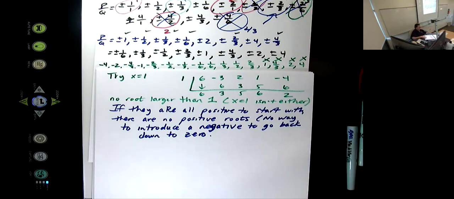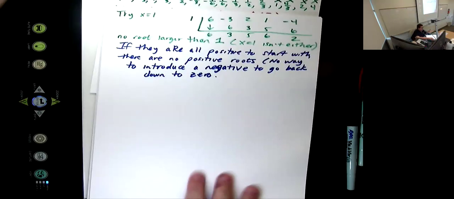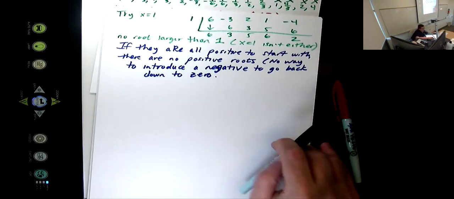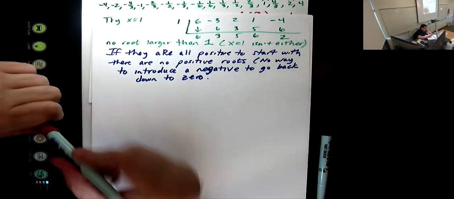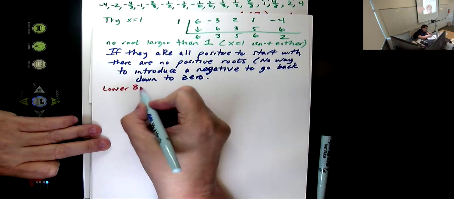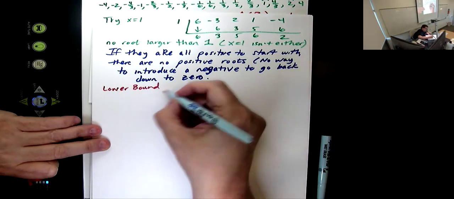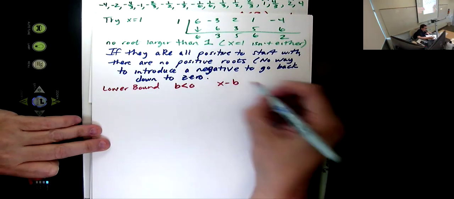All right, so that's the upper bound version. The lower bound version is similar, but a little different. So the lower bound part of that, I'll use a lower b, case b here. So we're gonna say b is less than 0, and we're looking at x minus b.